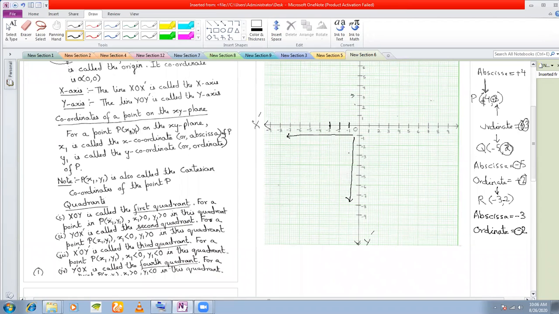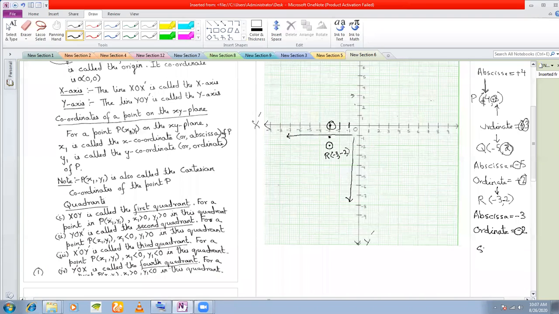And where do we start? We start from the point where we stopped, from -3. From this point we are moving 2 units. So 1 unit and you have 2 units. So this is your point R (-3, -2).